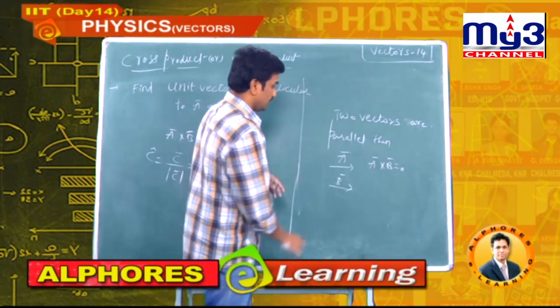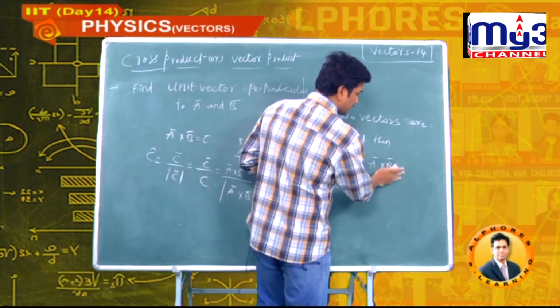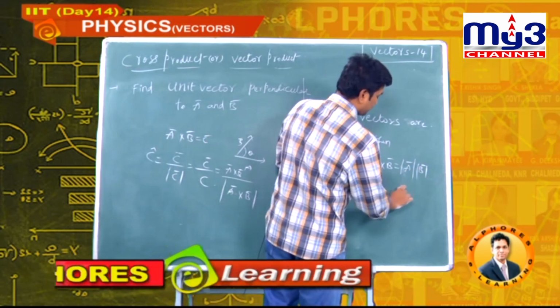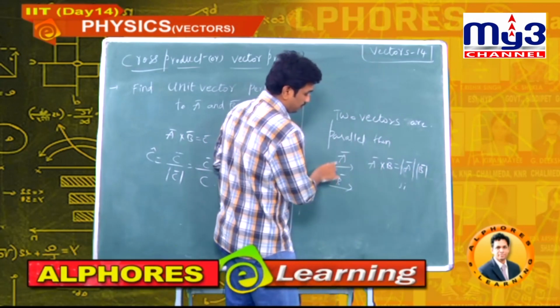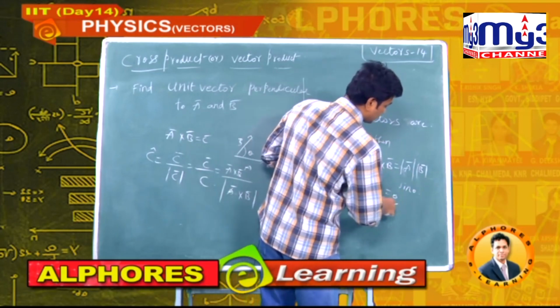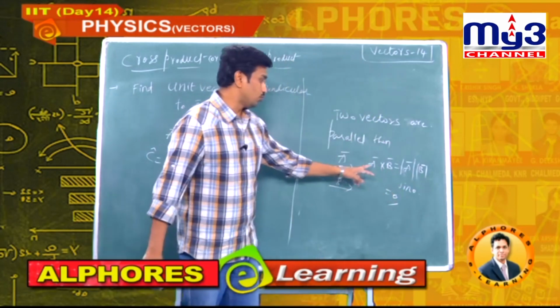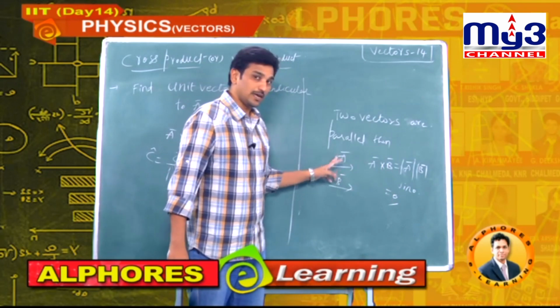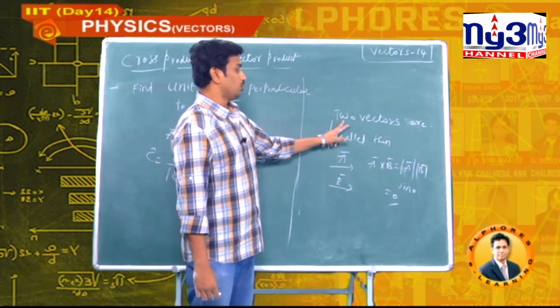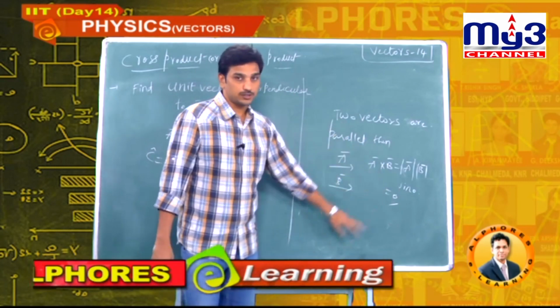Reason: A cross B is mod A bar, mod B bar, sine of the angle; if both are parallel, the angle is 0 and sine 0 is 0, so the answer is 0. Two vectors parallel along the same direction, then the cross product is 0.